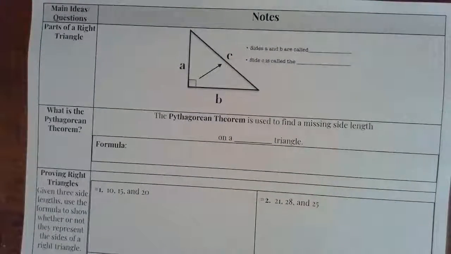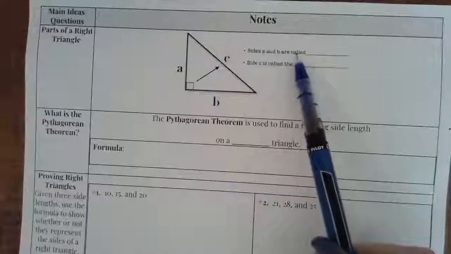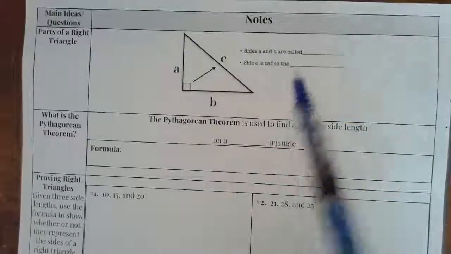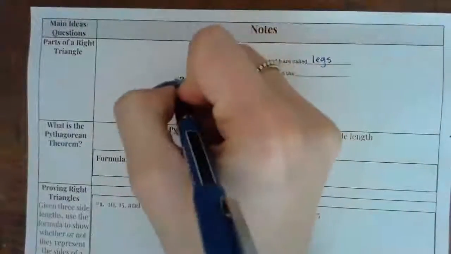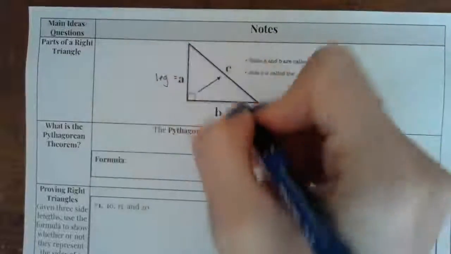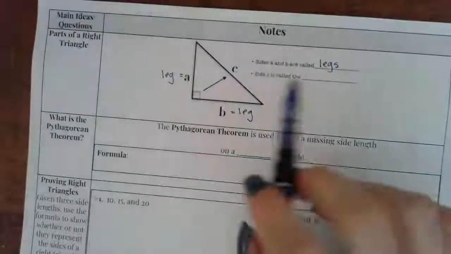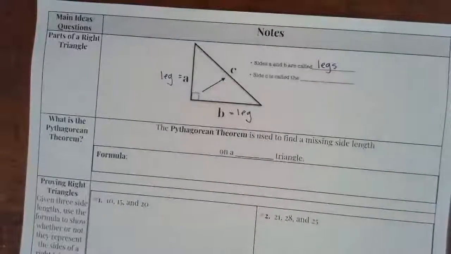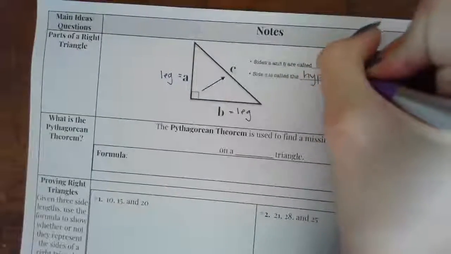So let's begin. Up here it says side A and side B are called legs. So in our little blank we can write legs, where this here is a leg and this here is a leg. Side C, it is also a leg, but remember it has that special name, which is kind of a funny name, called the hypotenuse.